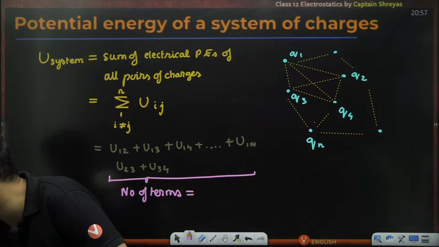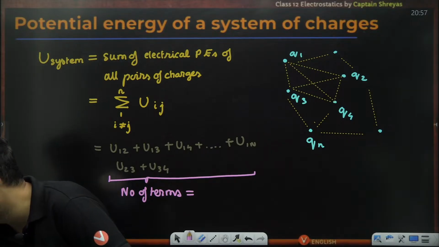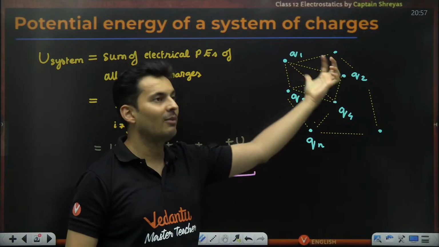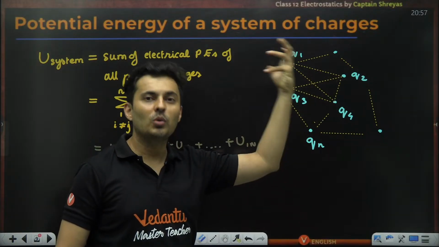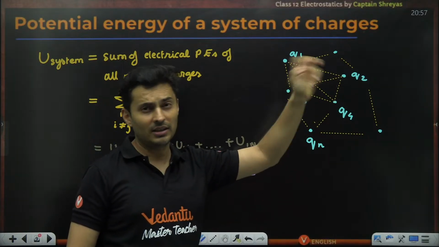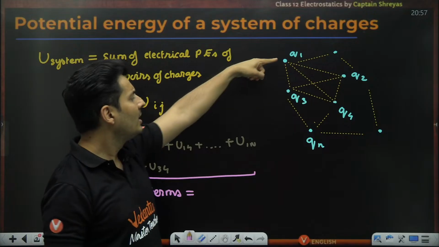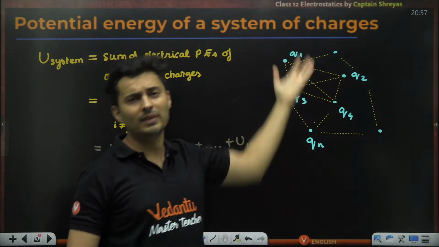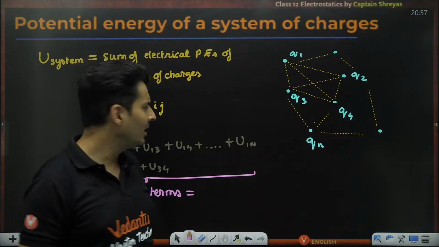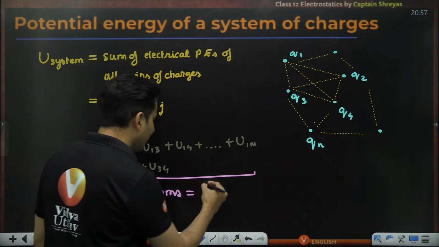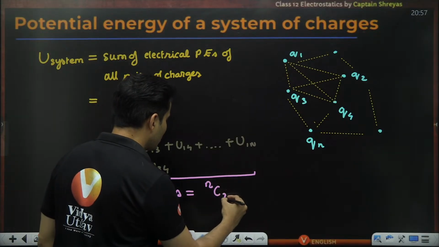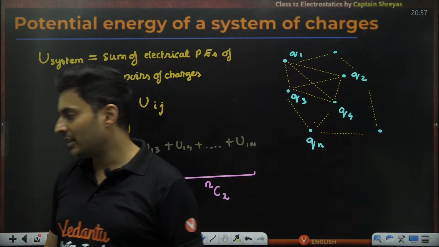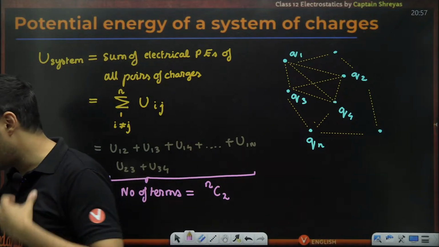If there are n number of points, and you are choosing two points at a time, and only looking at the combination, not the permutation, because once the first charge with the second charge energy is considered, you do not consider 2 with 1. That's it, once and for all. So it is basically n points, choosing 2 at a time. So nC2 terms will come. Correct. Very good, Salah Rama.